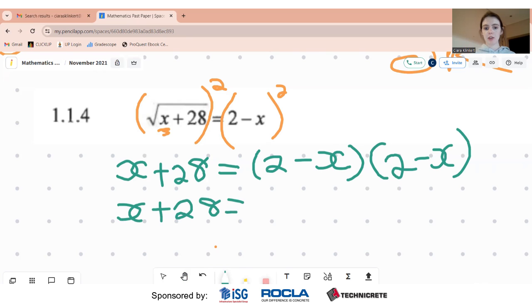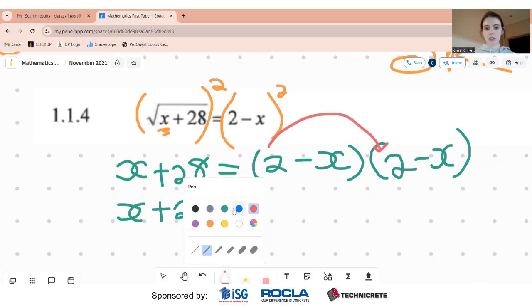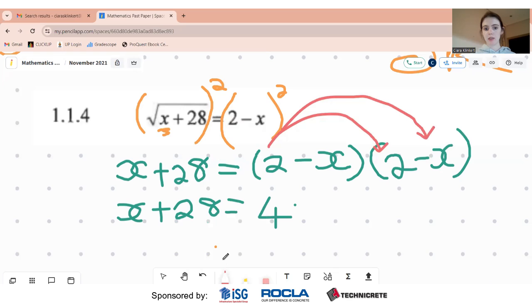I need to multiply the first two terms together, and that is going to give me an answer of 4. Then I multiply the first term by the second term in the second bracket, and I get minus 2x.